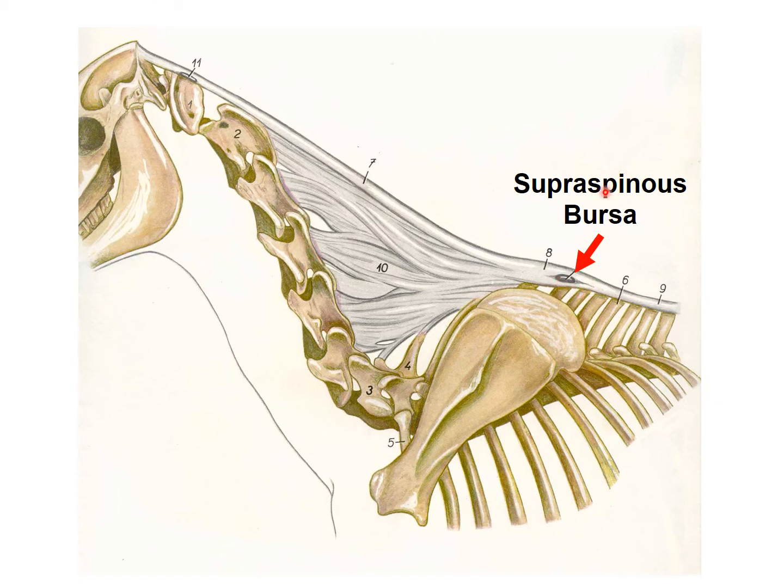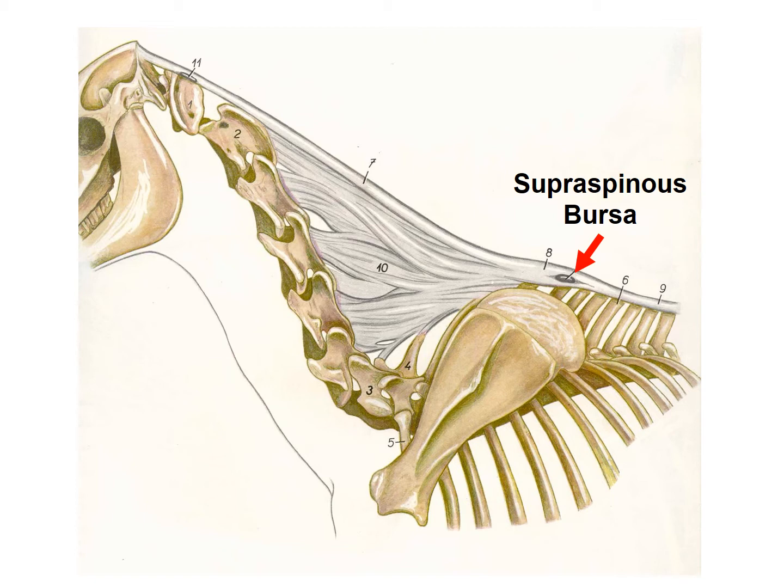So the supraspinous bursa is the space located between the ventral aspect of the funiculus nuchae and the spinous processes of T2 and T3.